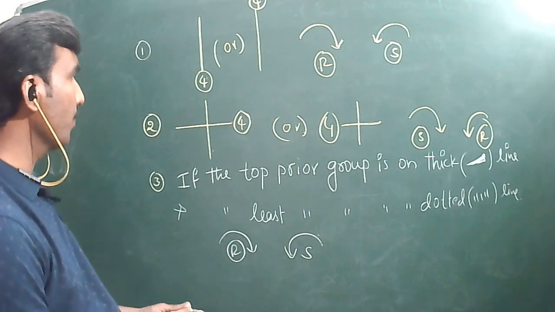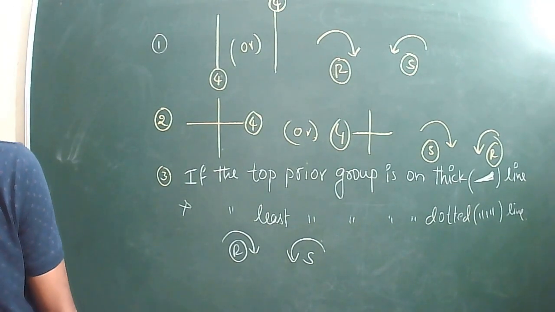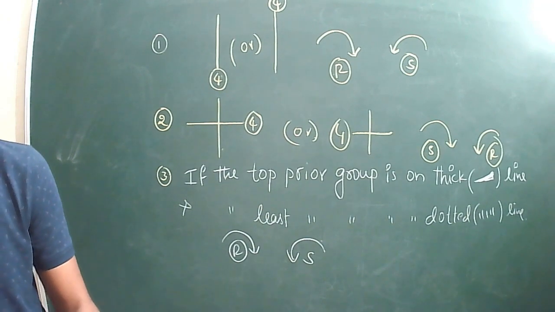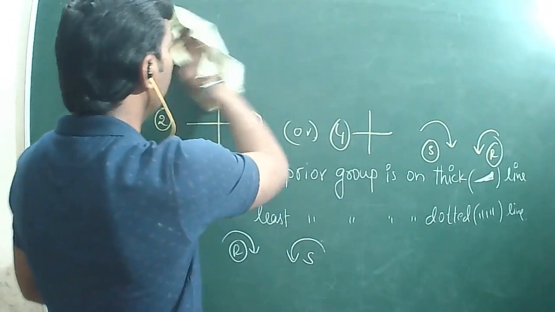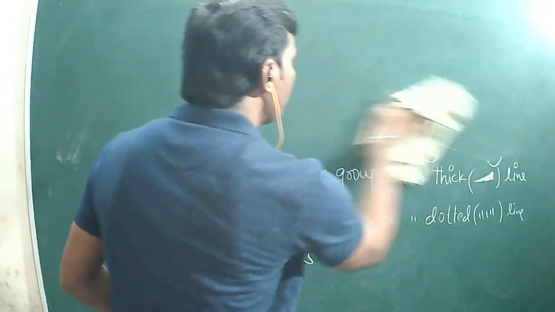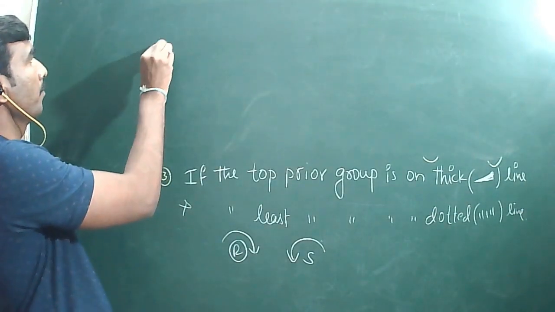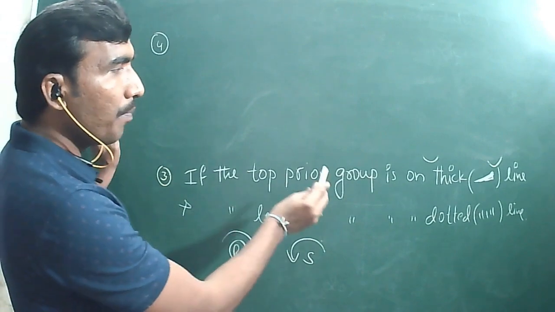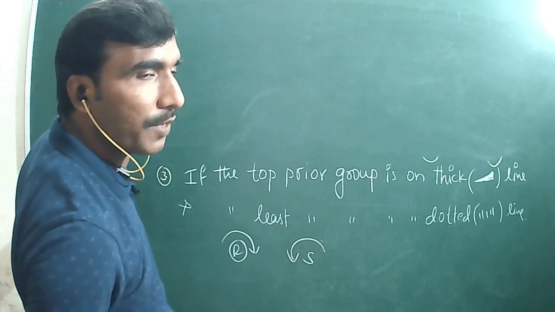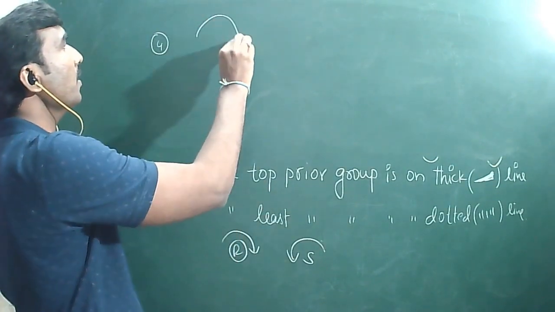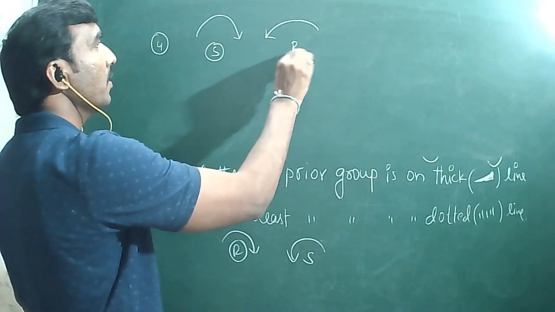Fourth point, what you can write? I'll write the fourth point here. If the top priority group is on dotted line and the least priority group is on thick line, so if it is in clockwise direction, S, and if it is anti-clockwise direction, it is R.